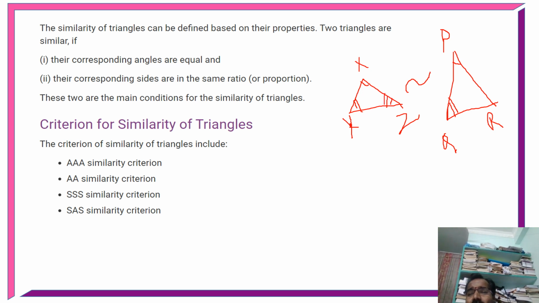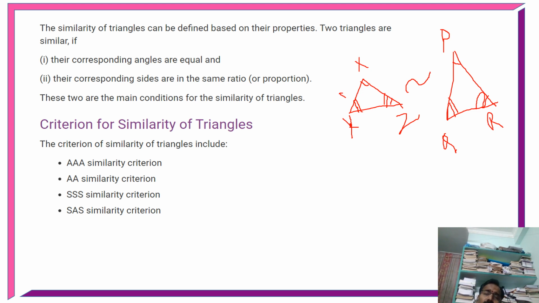If we change the order, the corresponding sides and corresponding angles will change. If we take XYZ, PQR, angle X is corresponding to angle P, angle Y to angle Q, angle Z to angle R. In the similar manner, XY corresponds to PQ, YZ corresponds to QR, XZ corresponds to PR.